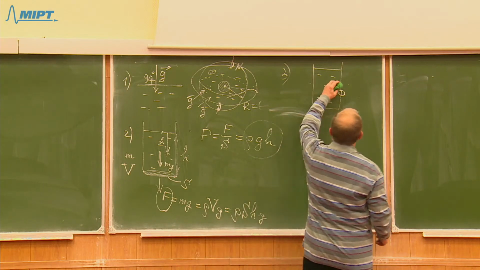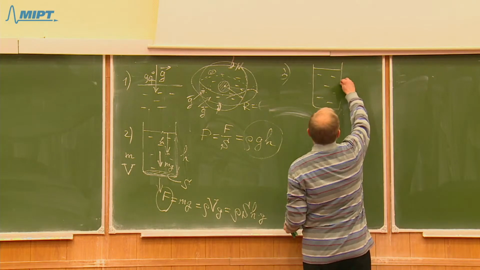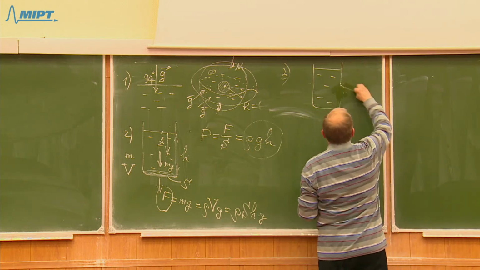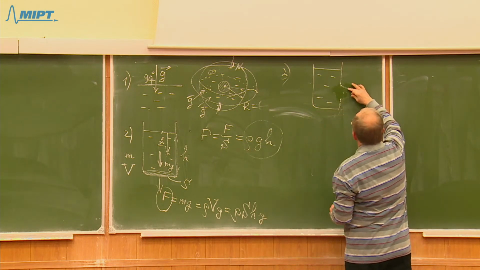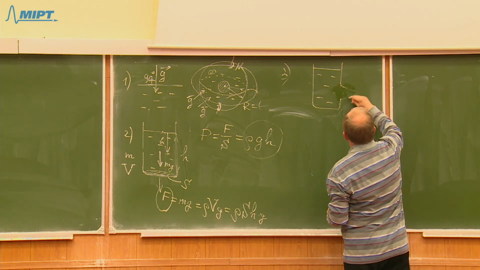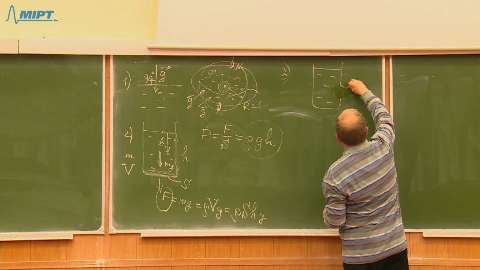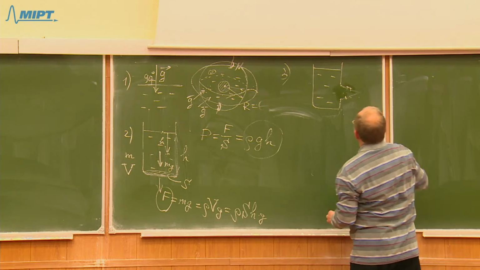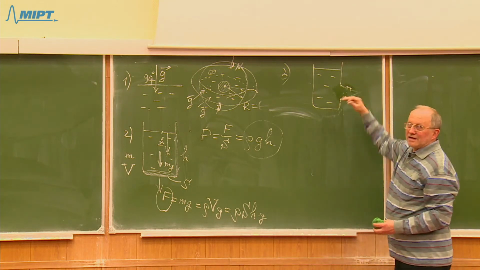You can choose a vessel of a different shape. For example, you can take a vessel of such a shape, like this one, and you can make windows here and here, and you can put a rubber membrane here and a rubber membrane here at an arbitrary angle.